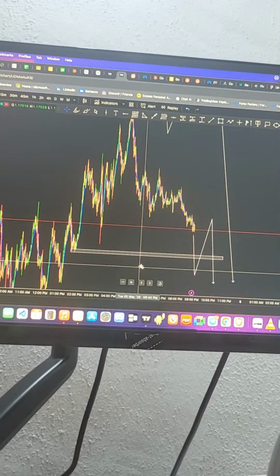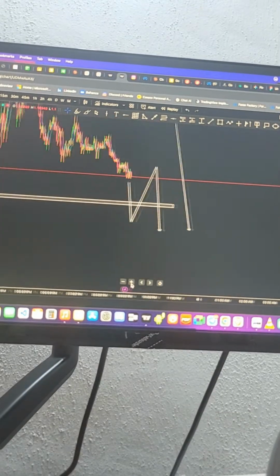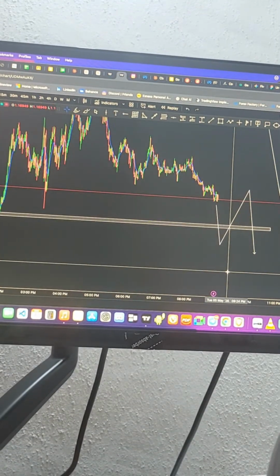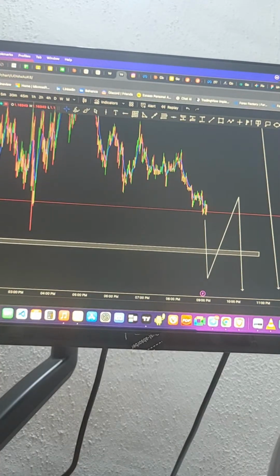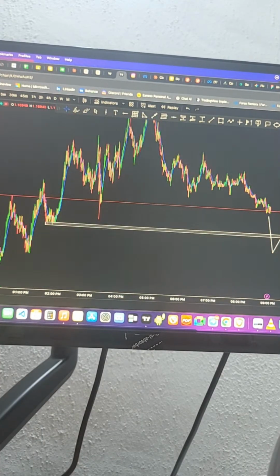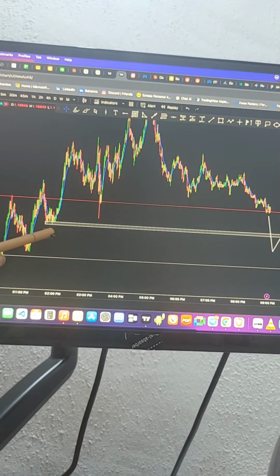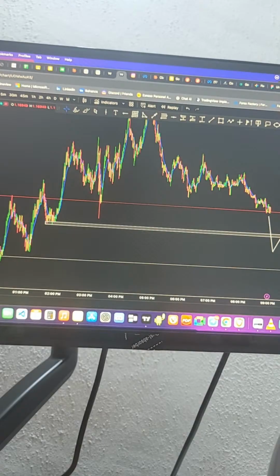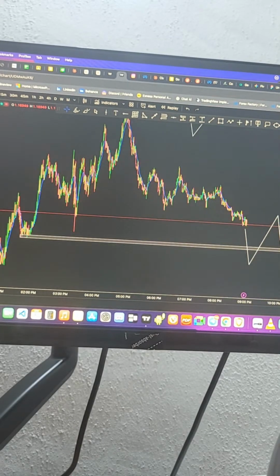Mind you, this is going to be a major sell once we are able to catch that movement. So if price takes out this low, then we're going to start looking for entry opportunity.